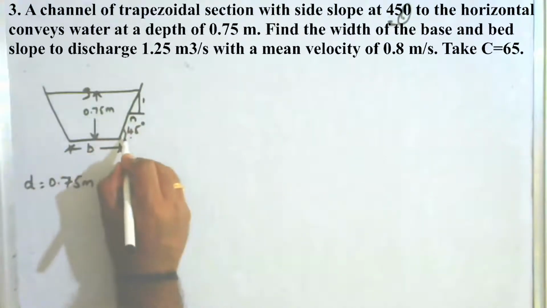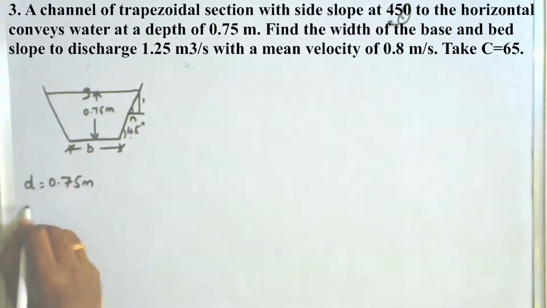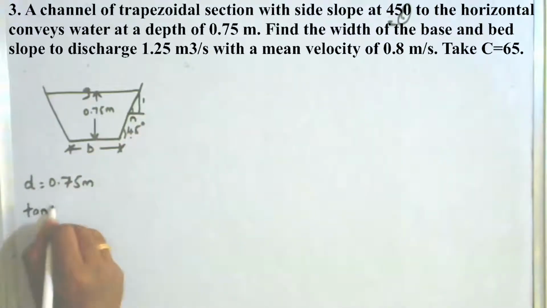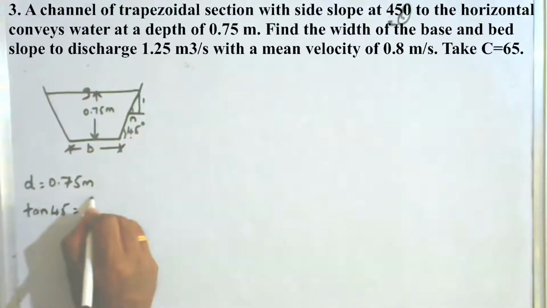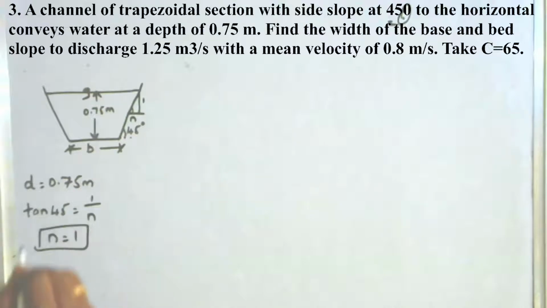If this is angle theta, this one also has an angle of 45. So tan 45 is equal to 1 by n, therefore n is equal to 1 by tan 45, which is nothing but 1. The side slope n value is equal to 1. This is how you should find the value of n for a trapezoidal section.